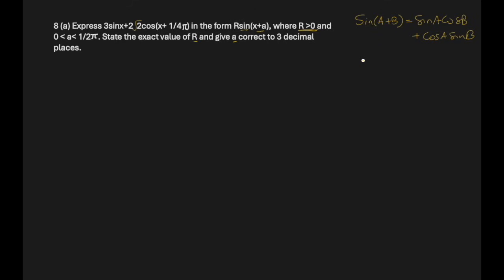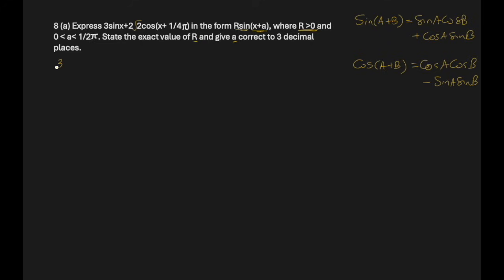So let's write cos also. Cos (a plus b) is cos a cos b minus sin a sin b. So we want to convert this whole expression into this format. For that, we'll have to open this one first with the help of this identity.